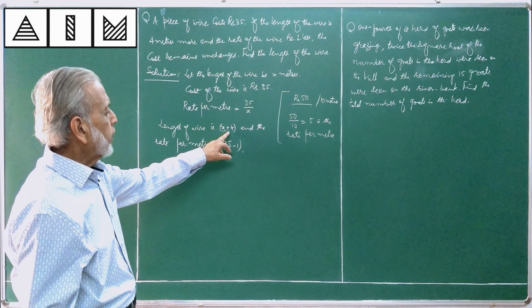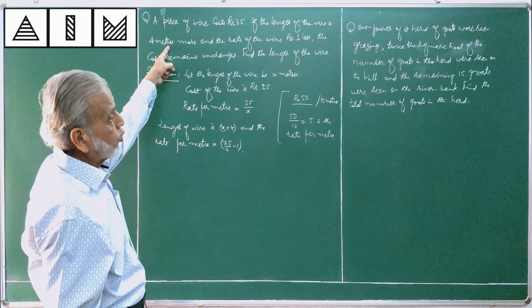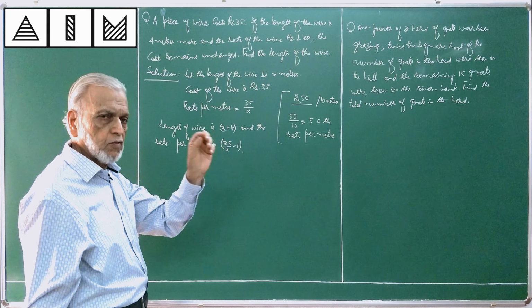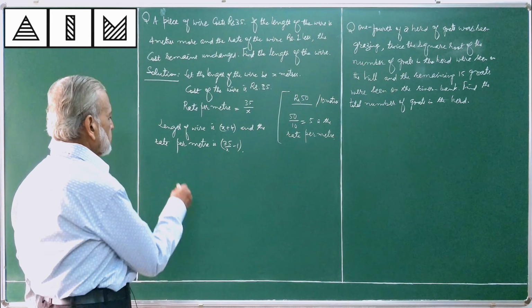This is the length of wire revised 4 meters more. This is the cost revised 1 rupee less. What will be the cost now? This into this.